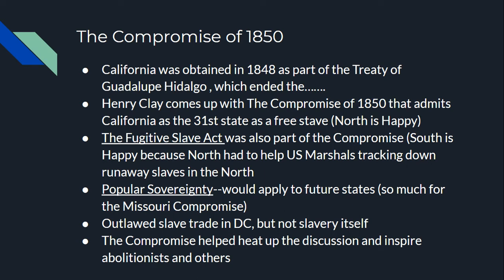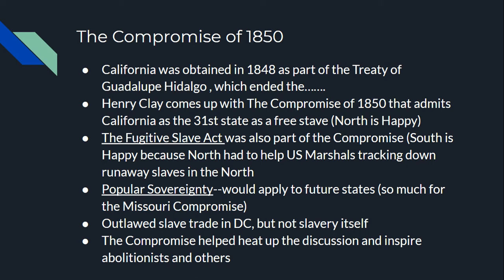Popular sovereignty is another important part of the Compromise of 1850, and I'll show you why in a second. Another thing that the compromise did was it outlawed slave trade in D.C., but it did not outlaw slavery in D.C. Can you imagine that?